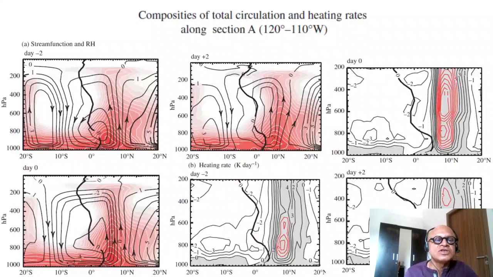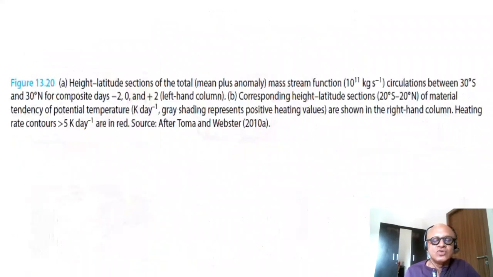So this is the total circulation, just to close up the discussion on the transients and the heating rates. Now instead of the humidity, you look at the heating rates, the theta dot that we had talked about. So height latitude sections of the total, so it's mean plus anomaly.